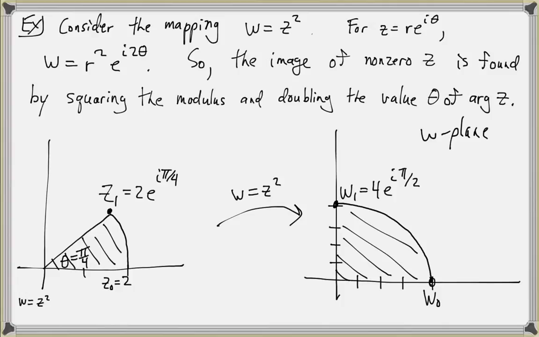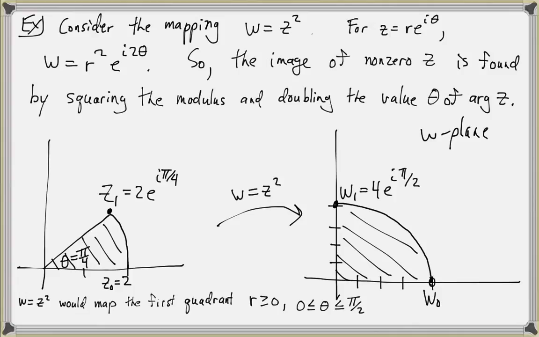So since this mapping squares the modulus, we see that w equals z squared would map the first quadrant given by r greater than or equal to 0 and argument theta between 0 and pi over 2.